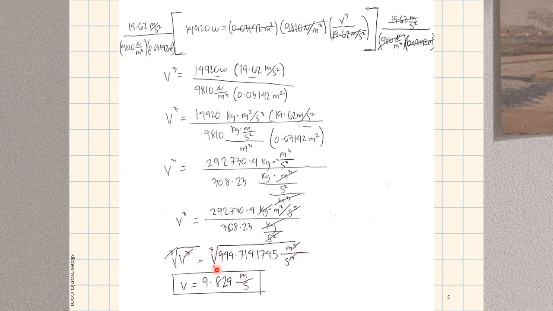So the cube root of 949.7141745 is equal to V equals 9.829 meter per second.